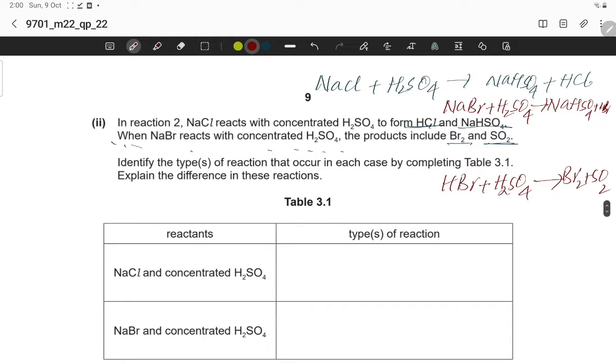So the type of reaction is... explain the difference in these reactions.